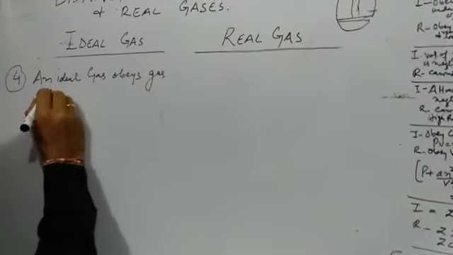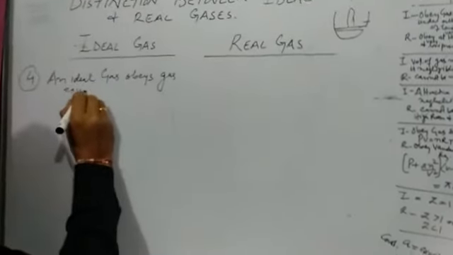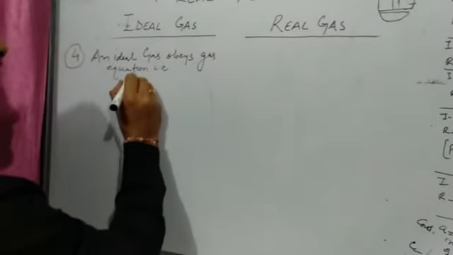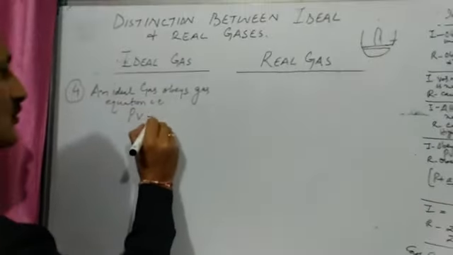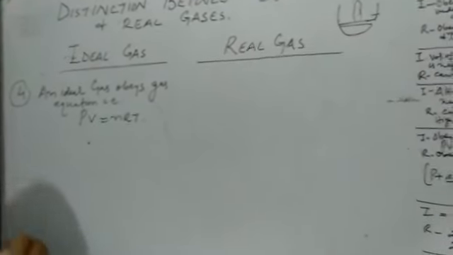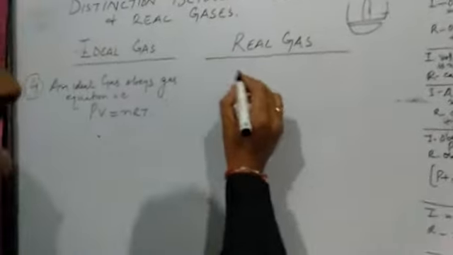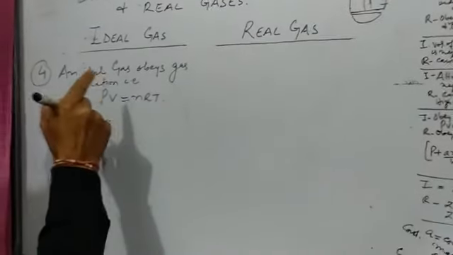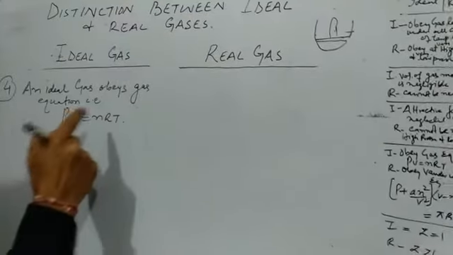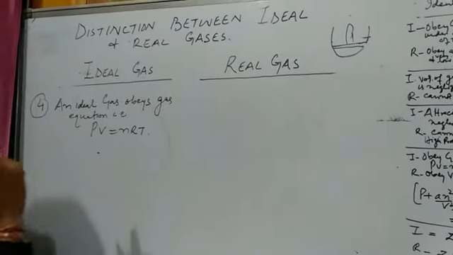What is the gas equation? PV is equal to nRT. While as far as our real gases are concerned, they don't obey this equation. They don't obey the gas equation. Instead, they obey the van der Waals equation.